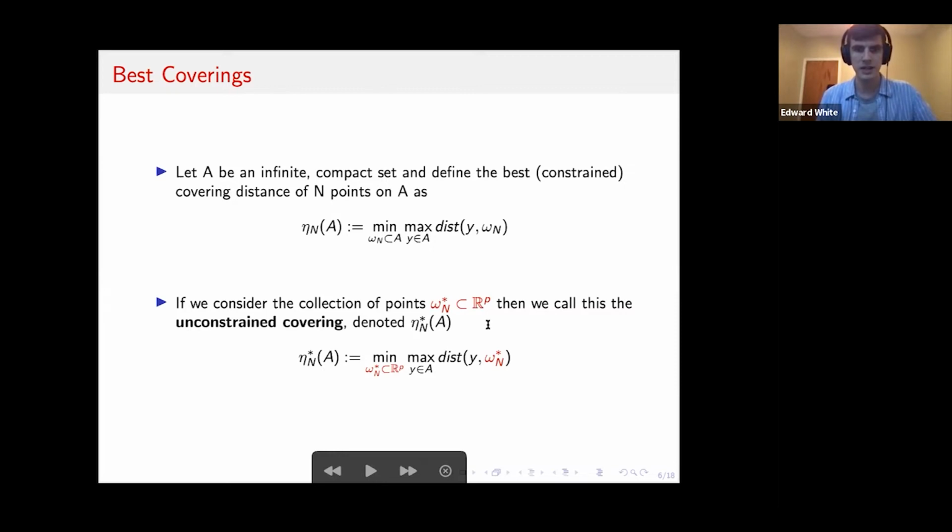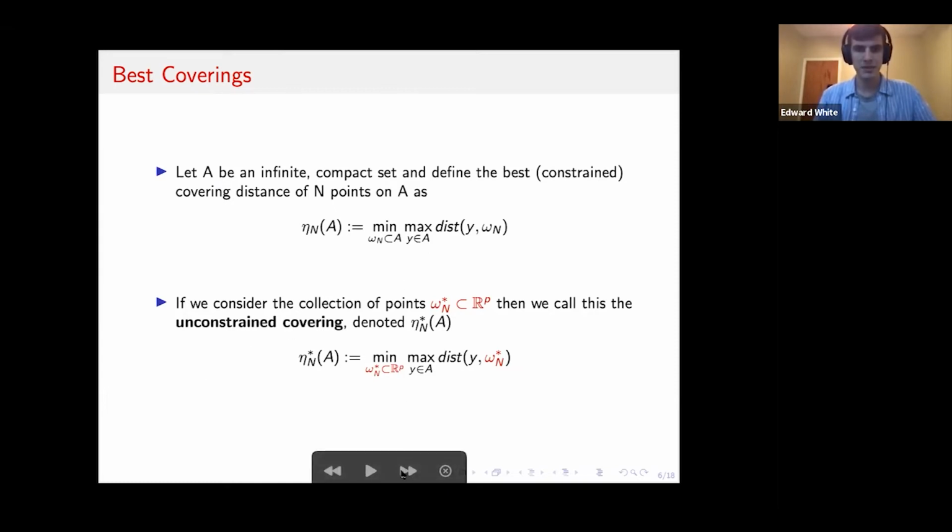So the star indicates unconstrained. And we just replace omega n with omega n star in our definition. And then the minimum occurs over all configurations taken over your ambient space. So for the unconstrained, we could be allowed to take the center of the ball to be outside of the set A and still cover portions of A.